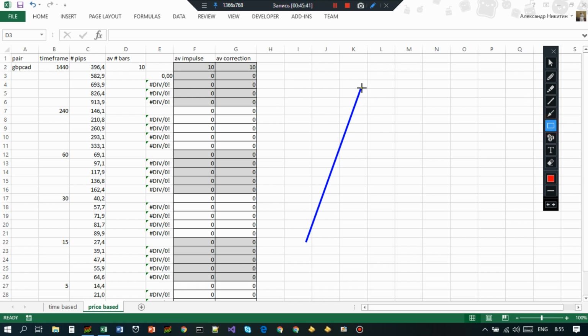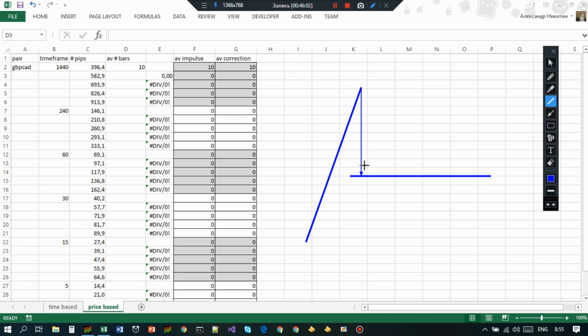So you projected your size to the downside. Sorry, let me use it this way. You projected your price as 396. It should go here, and you place your horizontal line here. Yes, 396, for example. And you also know that it should happen within the period of 10 bars.